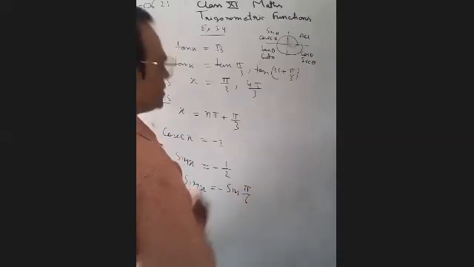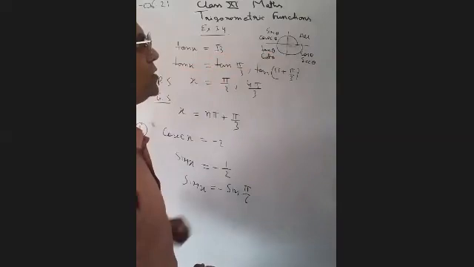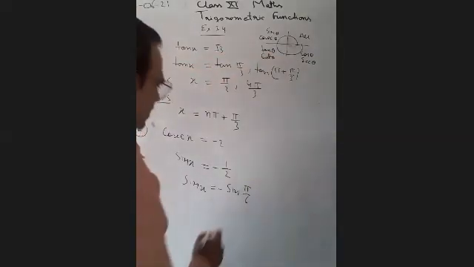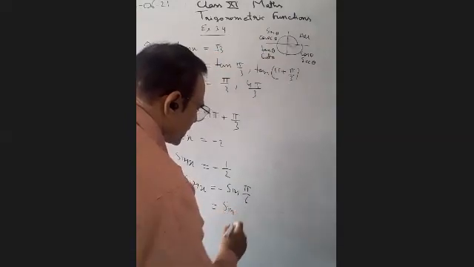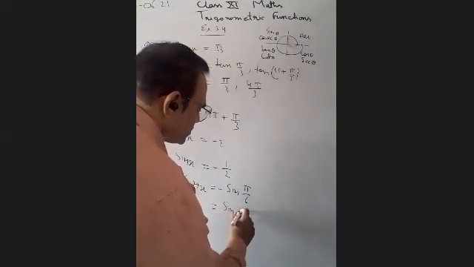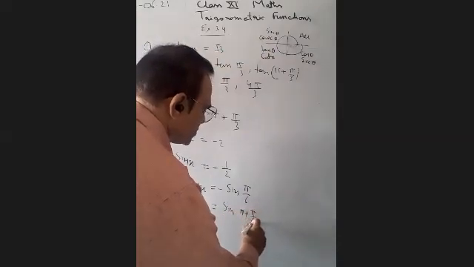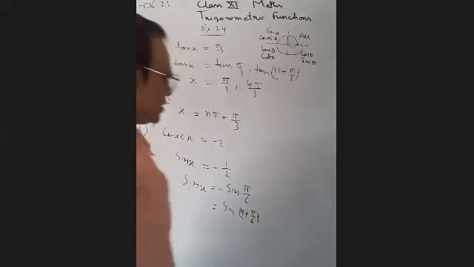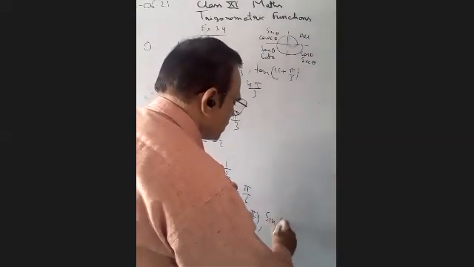Now it is negative. So we know the sign is negative in third quadrant and fourth quadrant. ठीक है. So we can write sin in third quadrant pi plus pi by 6. ठीक है. Or we can write sin minus pi by 6.